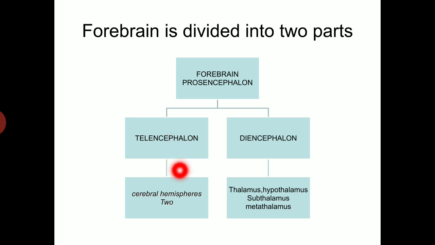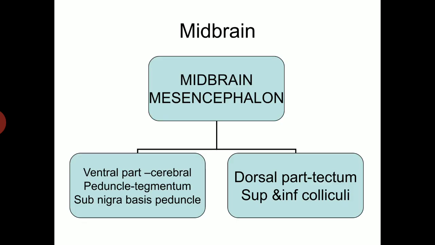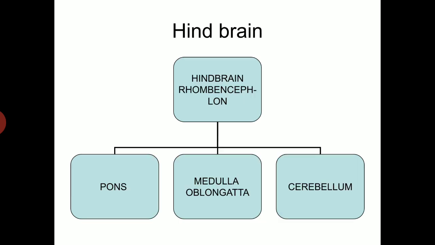From the telencephalon there is formation of two cerebral hemispheres, and from the diencephalon formation of thalamus, subthalamus, metathalamus and hypothalamus. Midbrain, known as mesencephalon, has two parts, dorsal and ventral part. Hindbrain, also known as rhombencephalon, is divided into three parts: pons, medulla oblongata and cerebellum.